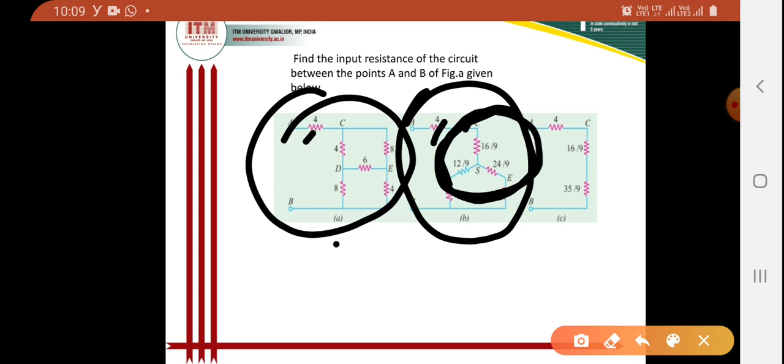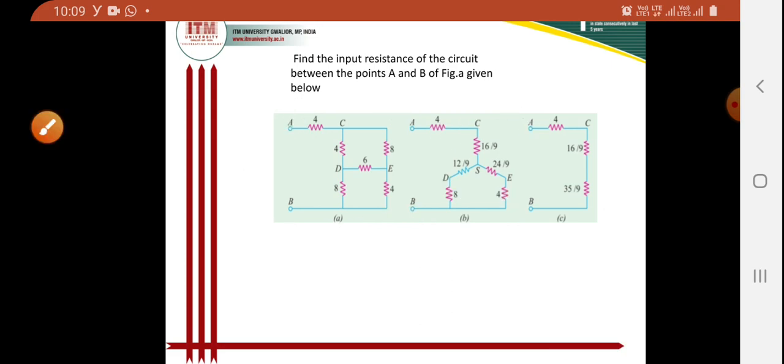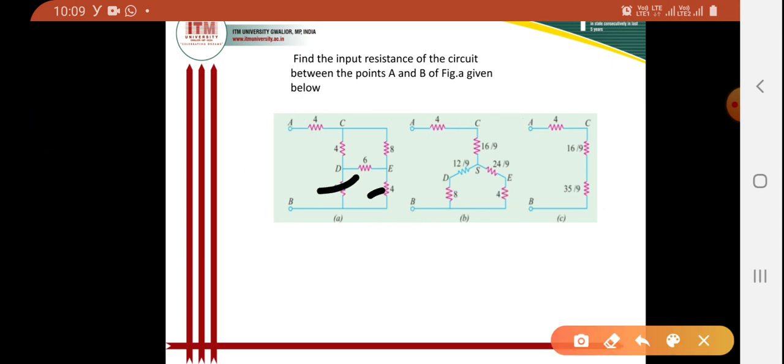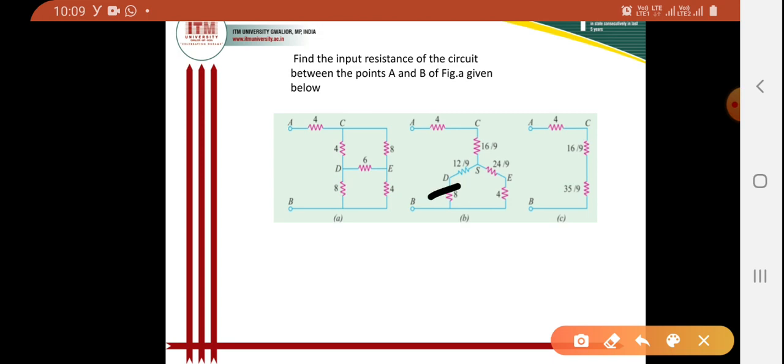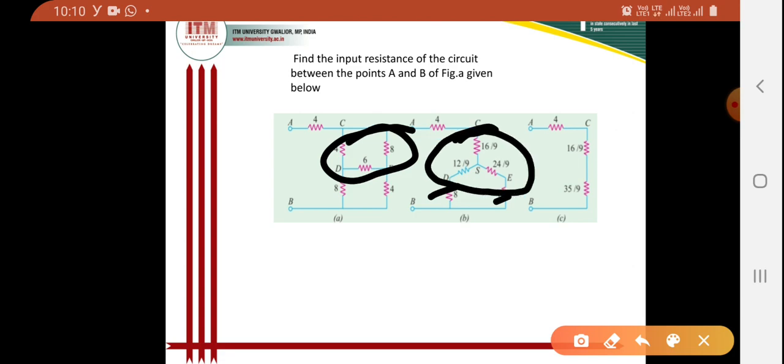We have replaced the delta with a star, and after these two resistances I have shown our 8 ohm and 4 ohm. So in the place of delta we just replaced the star connection, and we have written there the equivalent resistances transformed from delta to star.